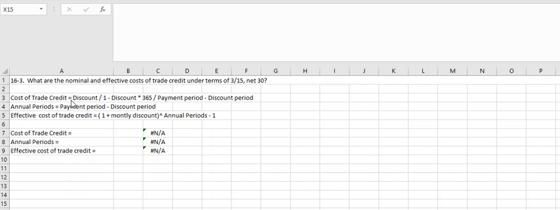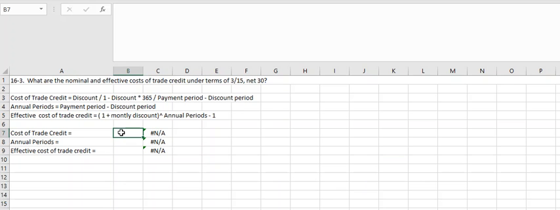So what is the cost of the trade credit? Well, the cost of trade credit formula is discount, which would be the 3%, divided by 1 minus the discount, times 365 for the number of days in the year, divided by the payment period and the discount rate.